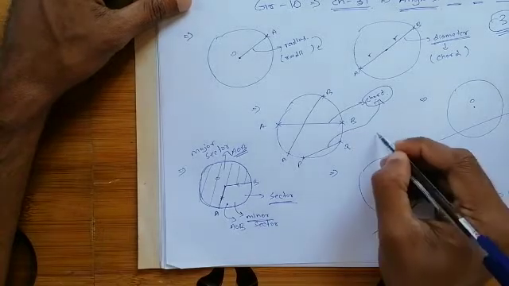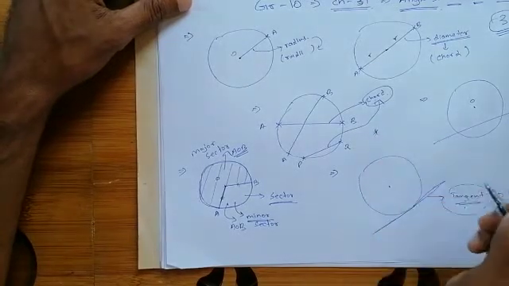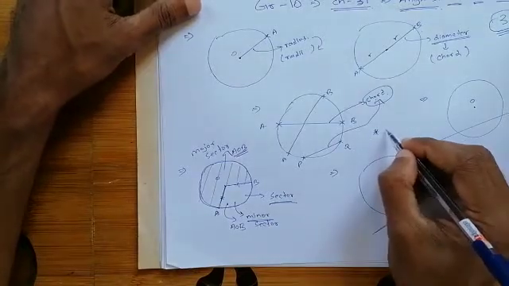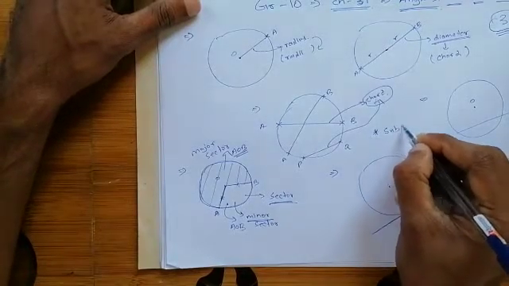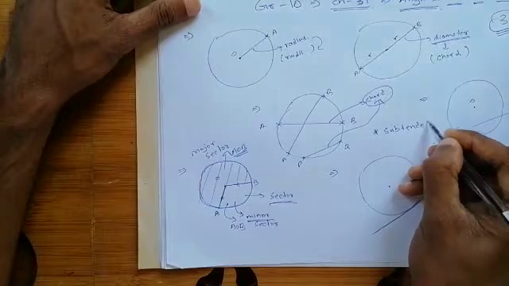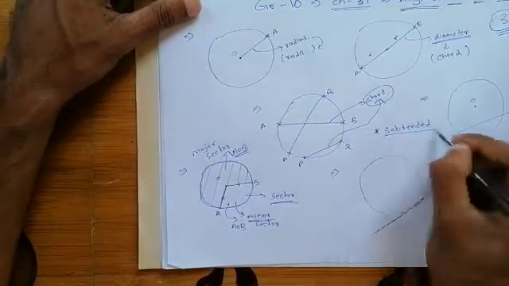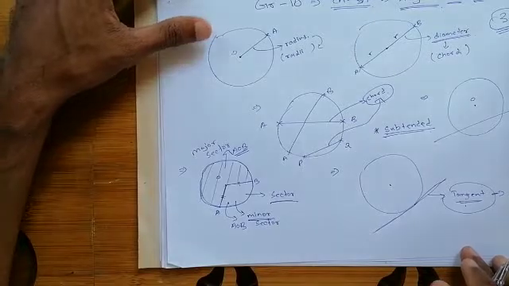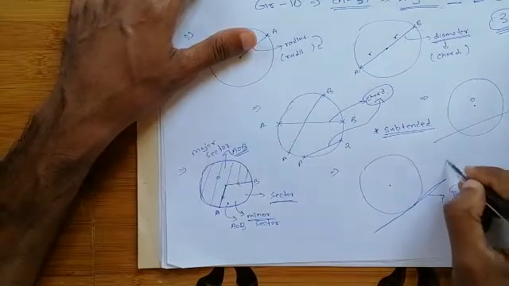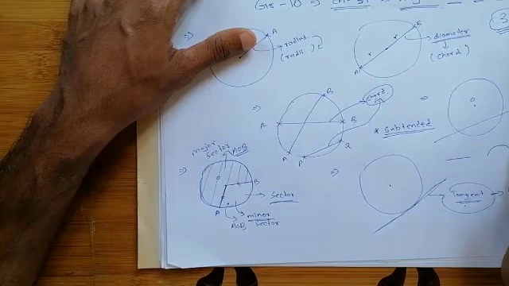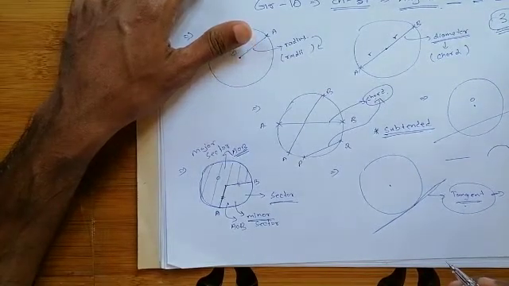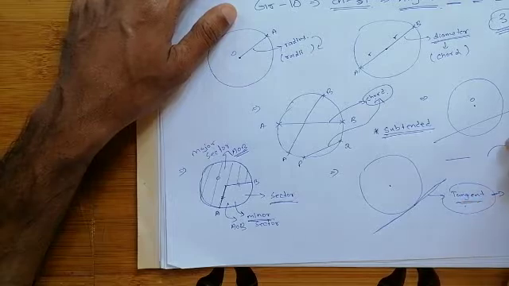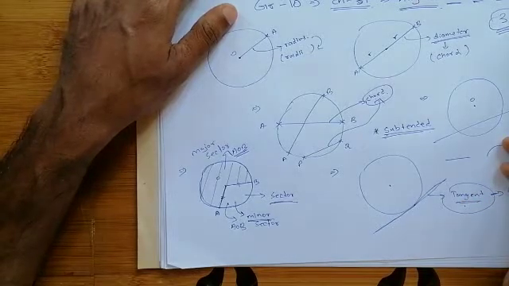Okay, another word we are going to study here is the word subtended. Subtended means a straight line or an arc can form an angle at a particular point.